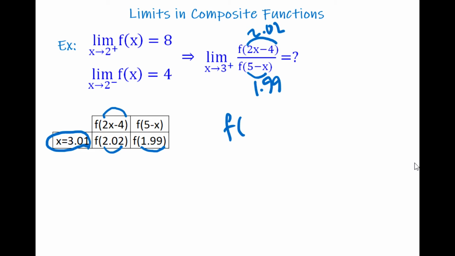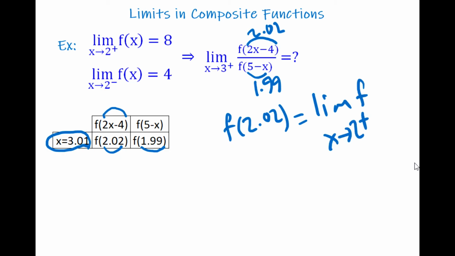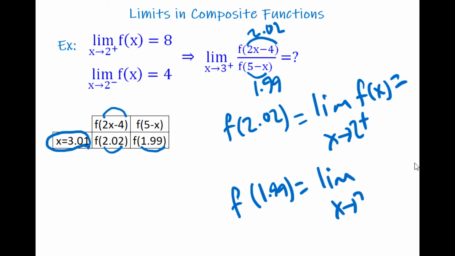For f of 2.02, we can think of it as the limit when x goes to 2 from the right of f of x, guys. And for the denominator, for f of 1.99, we can think of this situation as the limit when x goes to 2 from the left of f of x.